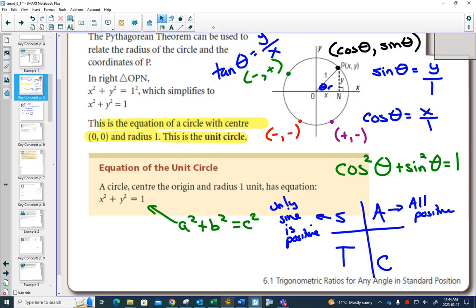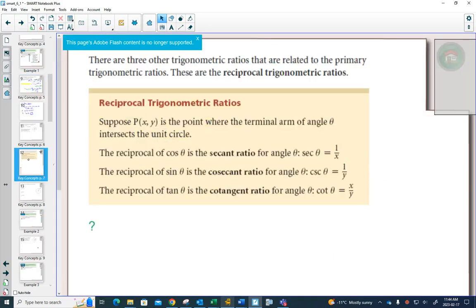And on page 470, we also get introduced to 3 new trig functions. Up till now, you've only learned about sine, cosine, and tangent. There are 3 other ones. They are called the reciprocal trig functions. There is secant, cosecant, and cotangent. What I'd like you to do is decide: secant, write 1 over cos theta.